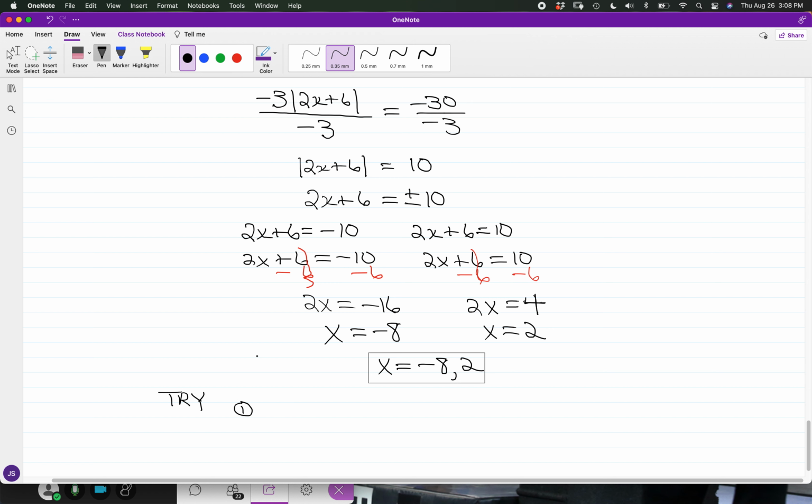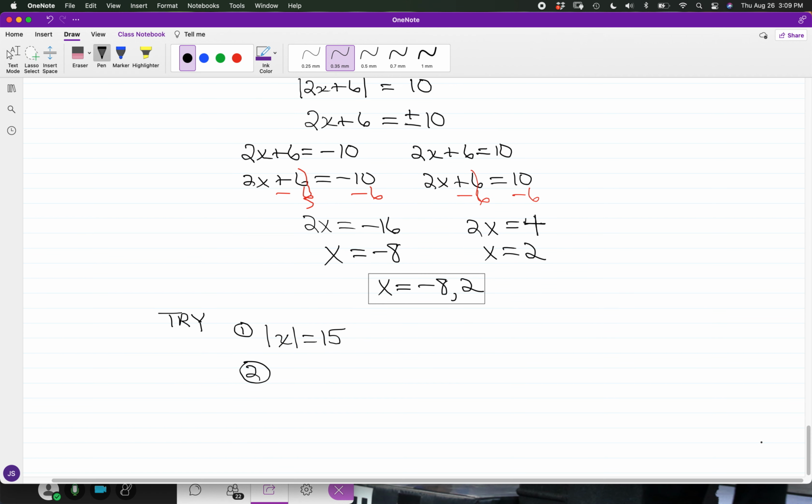In the case of absolute value equations, let's see what we get for the absolute value of x is equal to 15. And also the absolute value of 2x is equal to 22.